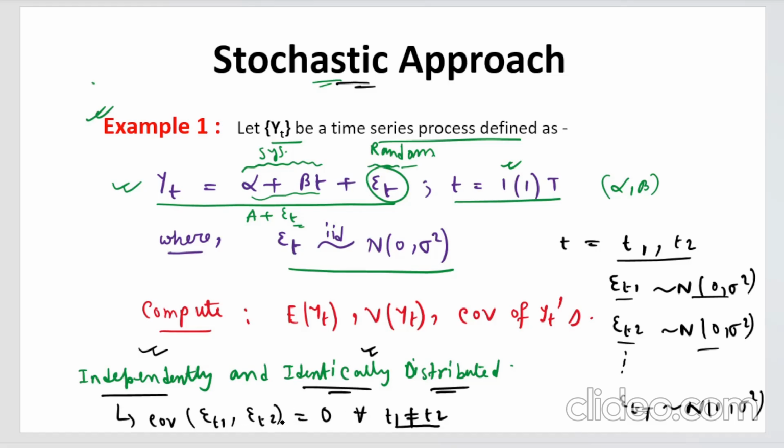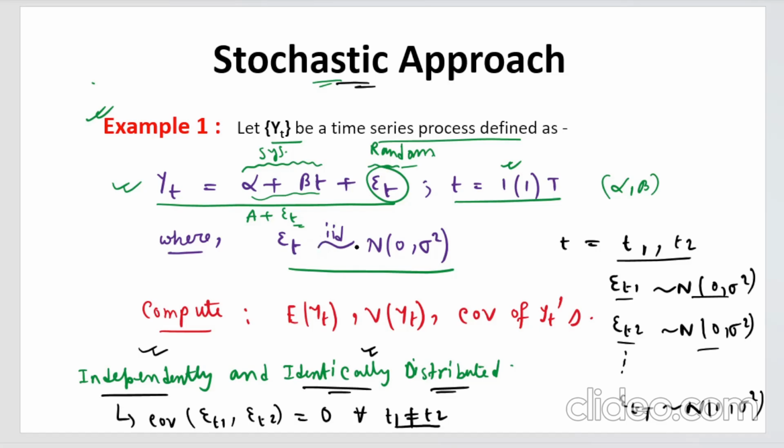So whenever the time points are different, the covariance or autocorrelation between them is 0. There is no autocorrelation in the error terms, and hence they are independent. So I hope you understood the concept of identically distributed and independent.